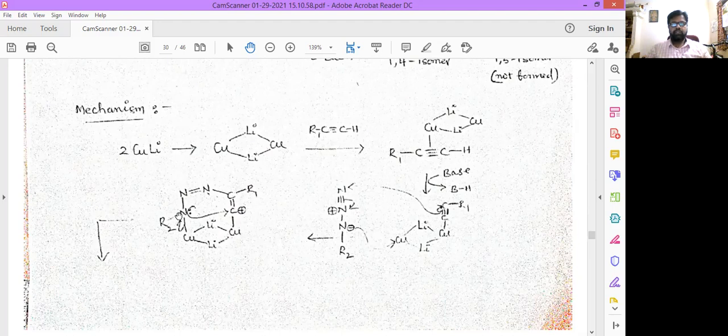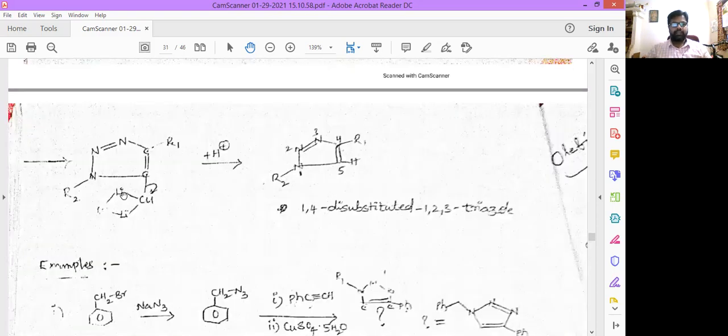After this, the nitrogen lone pair of electrons will be attracted towards the carbon positive center to form the cyclization product like this. After completion of cyclization, the copper reagent will be eliminated to give the 1,4 disubstituted 1,2,3 triazoles.